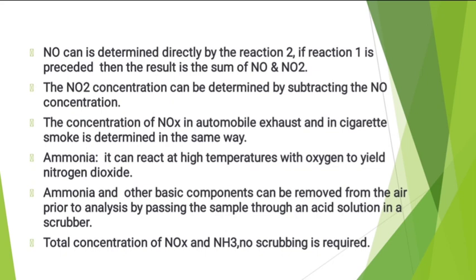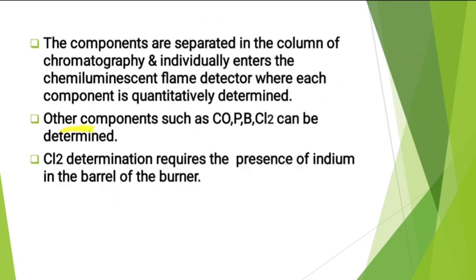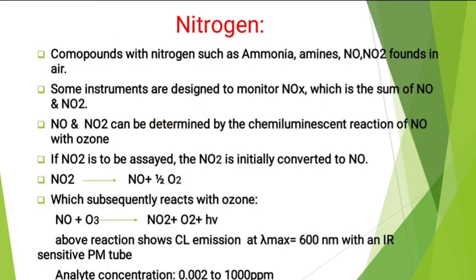Same as the above reaction written here, NOx is the sum of NO and NO2, and when ammonia is determined, instead of NO you can take ammonia NH3 plus O3, and the reaction occurs at very high temperature and there is a formation of NOx. At that time we have to find the total concentration of NOx and NH3 when there is no scrubbing.